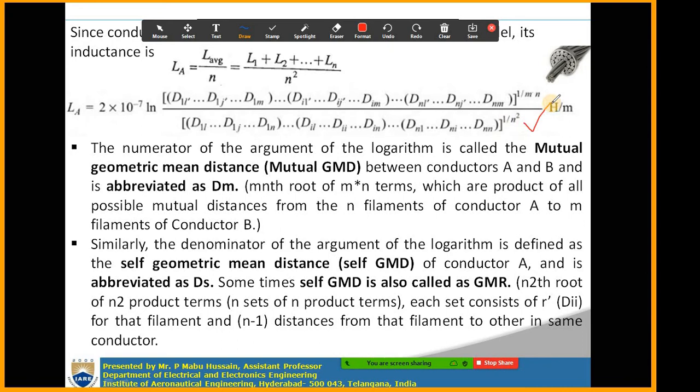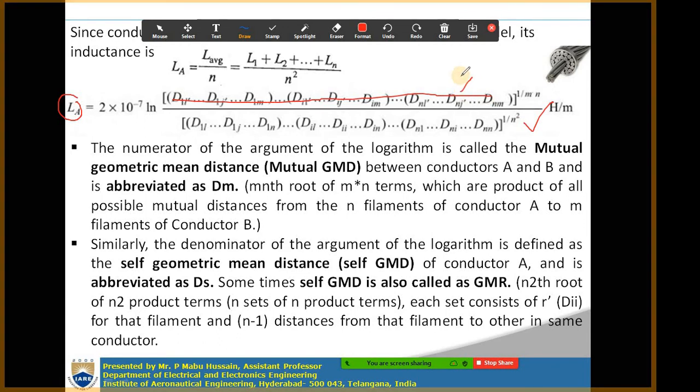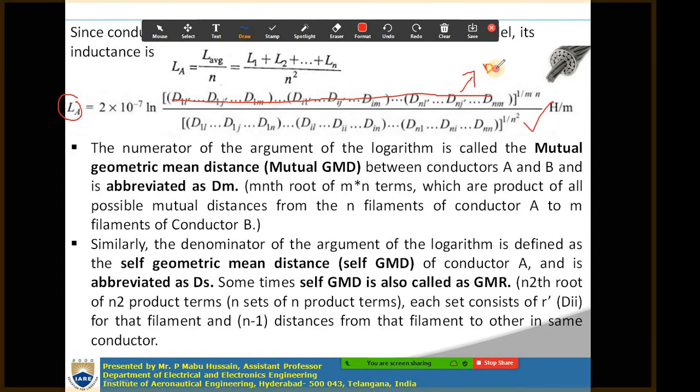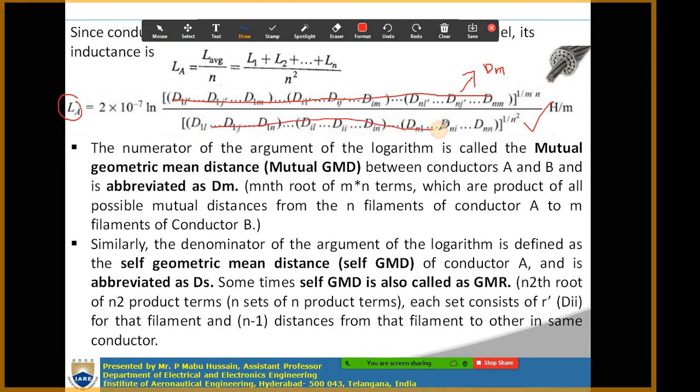So, this is the inductance of composite conductor A, right. This total term you can call the mutual distance, the mutual GMD, which is represented with dm. Okay. So, the denominator term, the entire thing, is the self GMD, which is represented with ds, right.